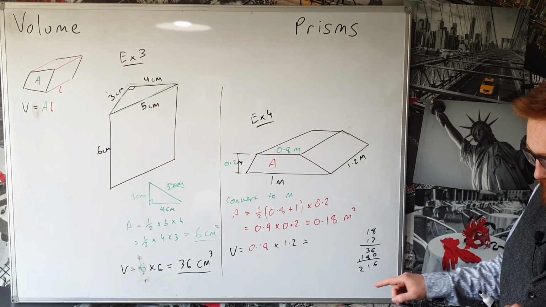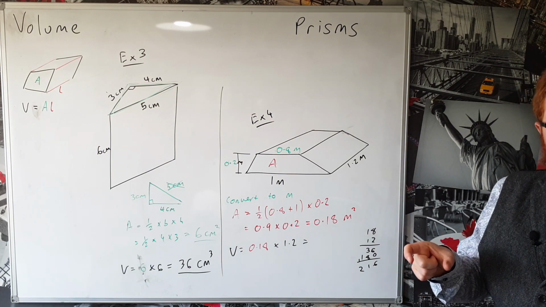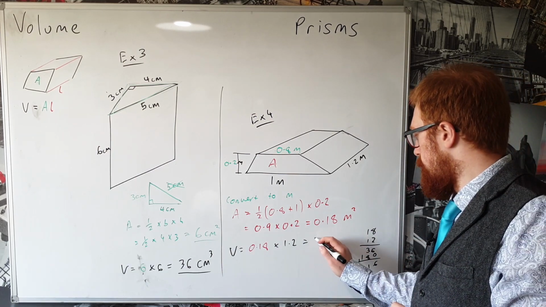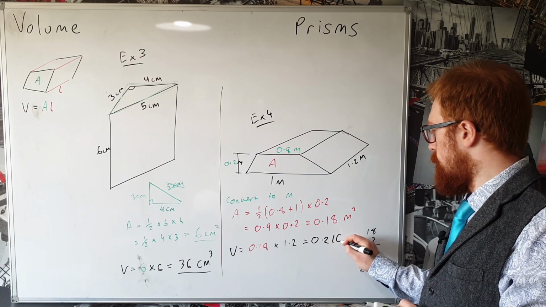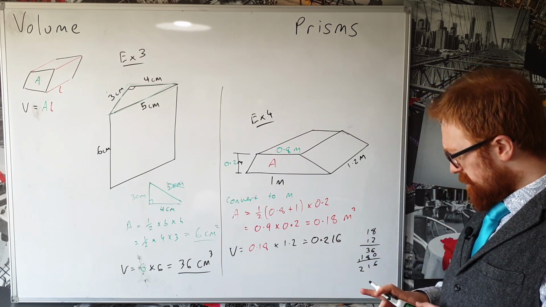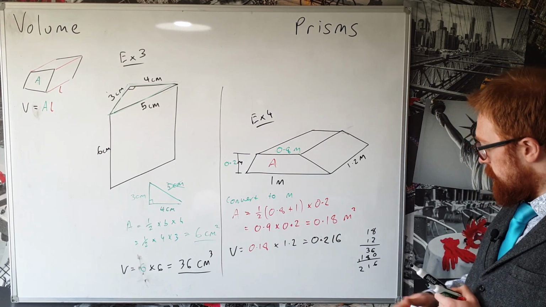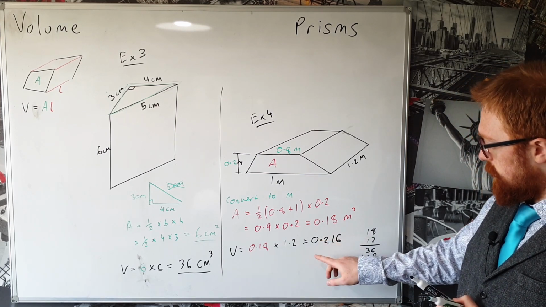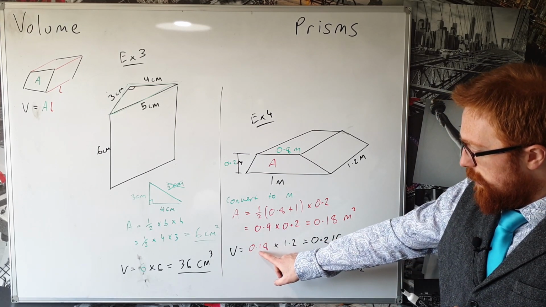So if we do 216 and divide that by 10 and then by 100, that will give us 0.216.